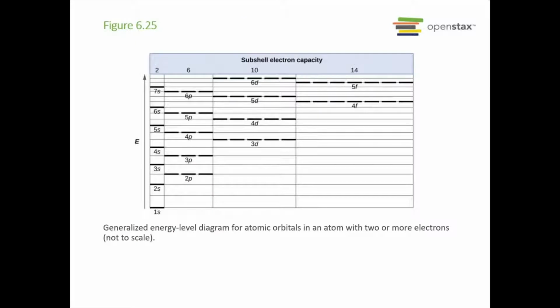So this is an energy level diagram. I'm going to have this up multiple times, but this gives you an idea of how the orbitals go up in energy. So 1s here is at the bottom, so the electrons are first going to go there, and then to 2s, then to 2p, 3s, 3p. And then one thing that happens, we'll talk about this a little later, is it goes to 4s and then 3d.